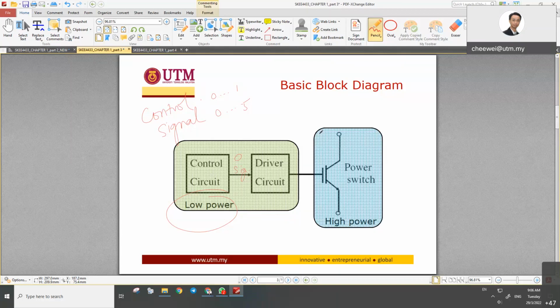IGBT? What is the symbol? There's nobody here, so quiet. IGBT. Thank you. IGBT. What is the requirement for IGBT to turn on?